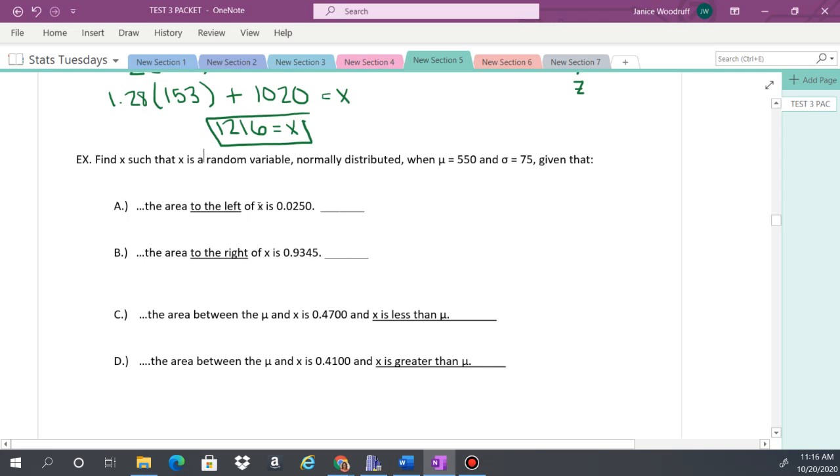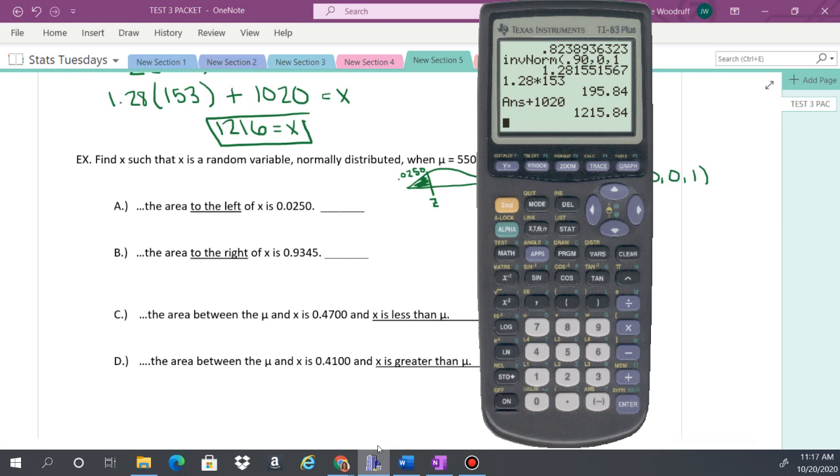Okay, so for this one, same thing, draw this out. They're giving you the area to the left, 0.0250, so you don't need to do any subtraction there. They're already giving you area to the left. Find the corresponding z-score. So go inverse norm, area to the left, 0 and 1. So let's see.